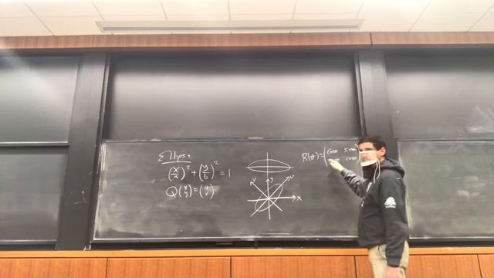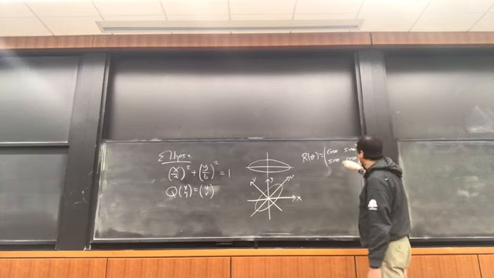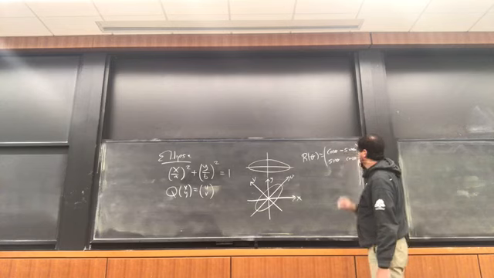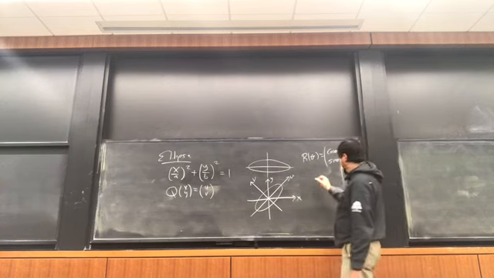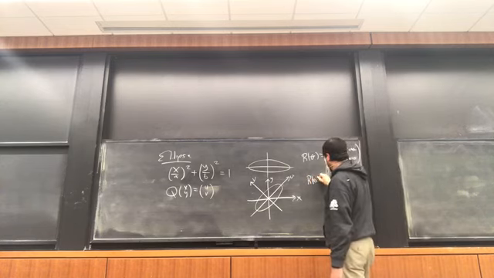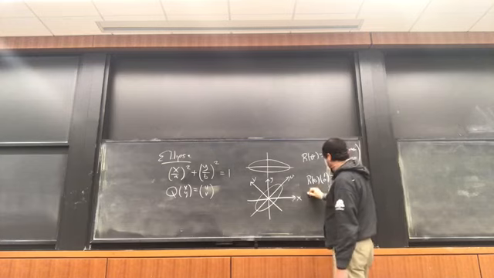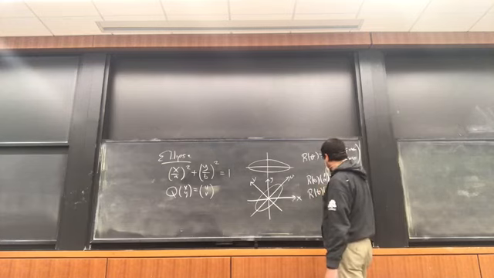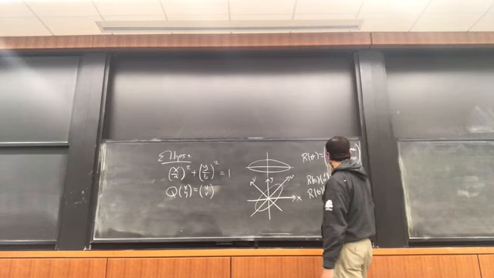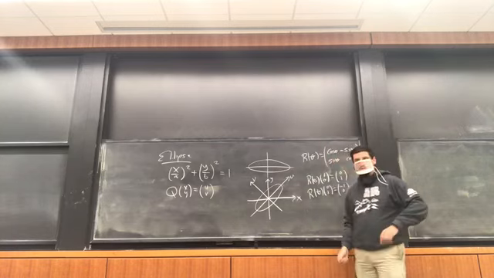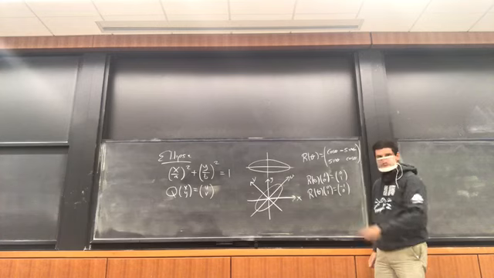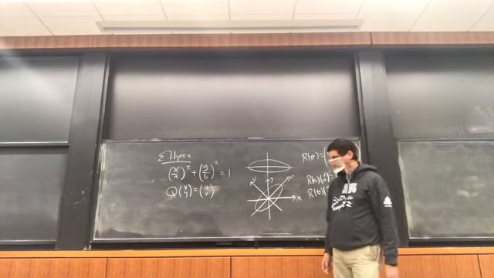So I want this to be the positive, and I want this to be the negative. Now, if I do R theta of (1, 0), I get (0, 1). If I do R theta of (0, 1), I will get (-1, 0). So this will be a counterclockwise rotation of 90 degrees.